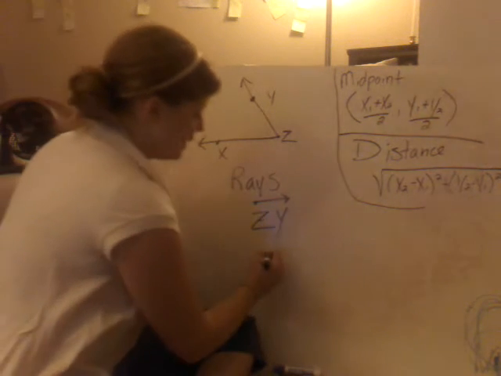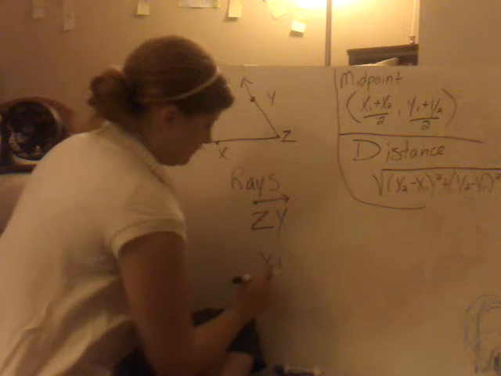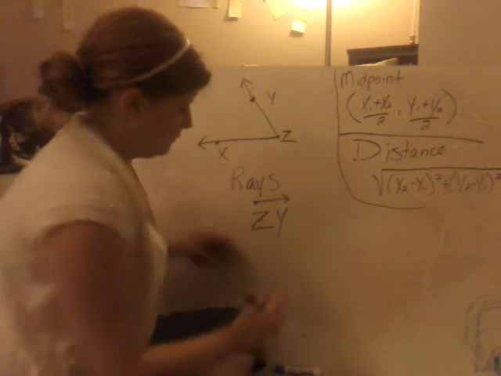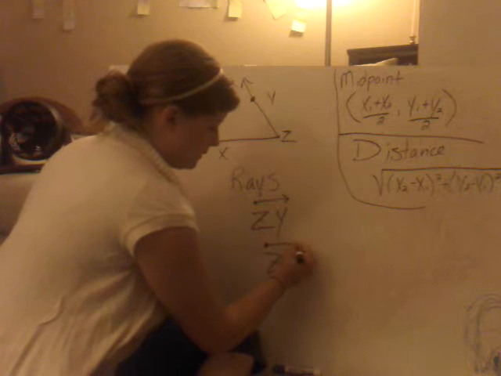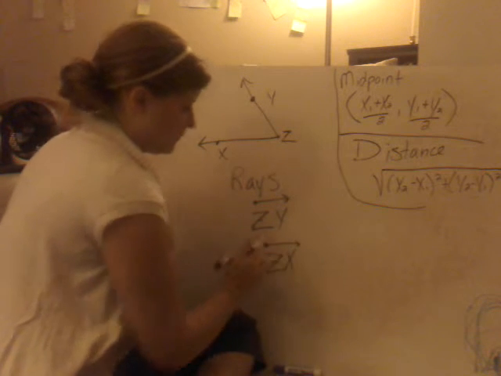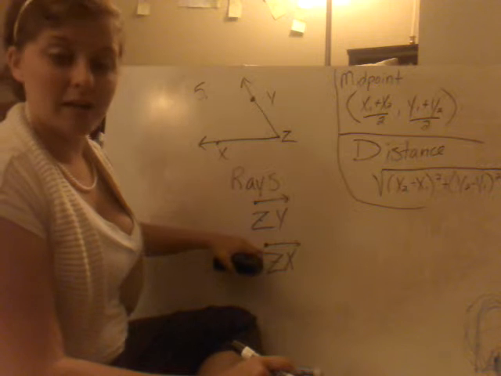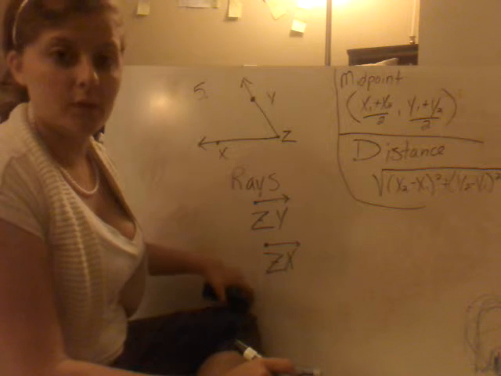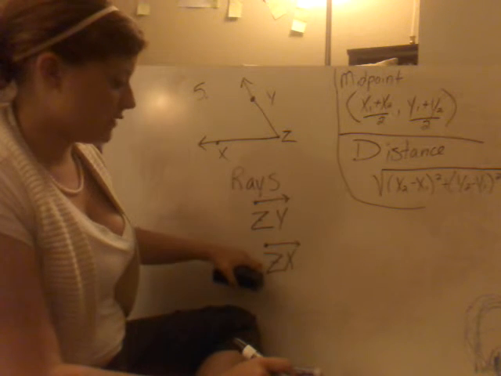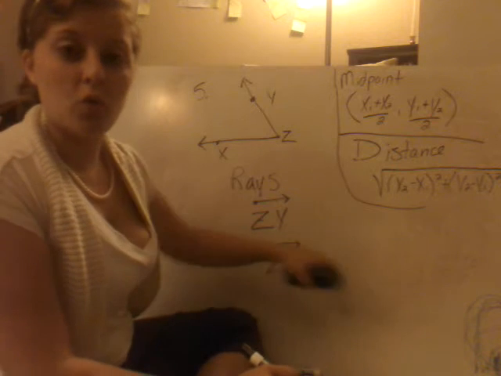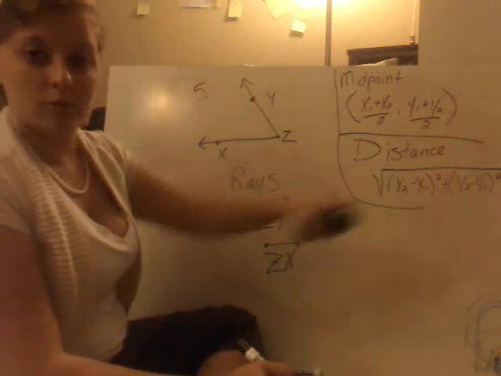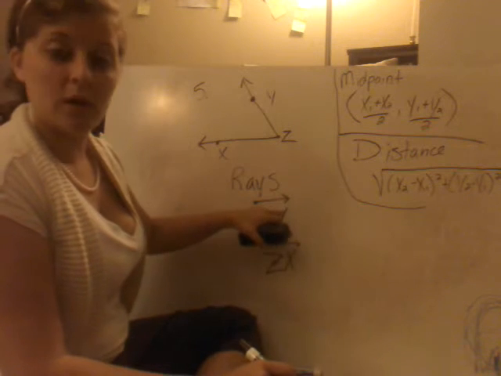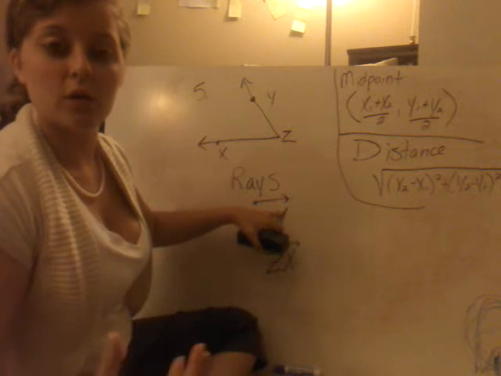So our other ray is ZX. Again, the dot where the actual vertex is above the vertex. Z is our vertex, so it's above Z, and it goes towards the outskirts of the ray. So we need that arrow there, so I know that you know what you're talking about.